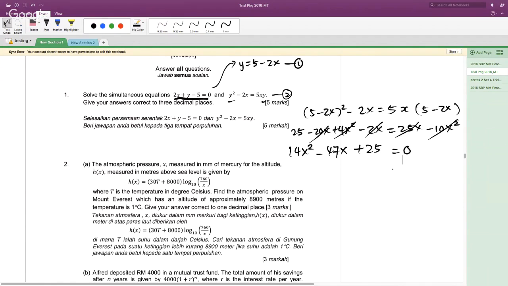And then we're trying to factorize this one. Since the number is quite big, I will try maybe 2x and 7x. If 5 here will be 35, if 5 here will be 10. Cannot be. 35 and 10 is 45.